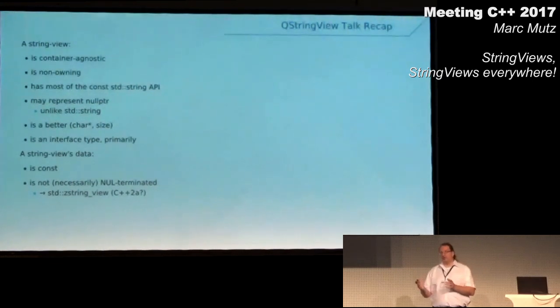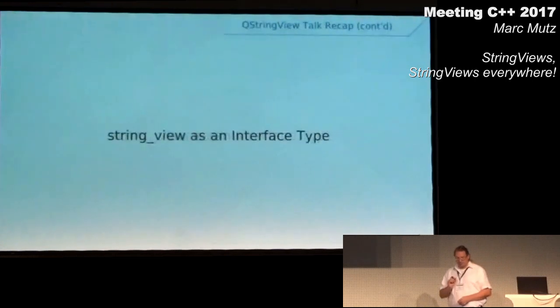You can modify the string view, make it smaller by substringing. And the string view data is not necessarily null terminated. So for that, there are thoughts on the proposals mailing list to see maybe we need a standard Z string view that always has a null terminator at the end, and then we cannot take arbitrary substrings, but only take off from the beginning. We'll see where that goes.